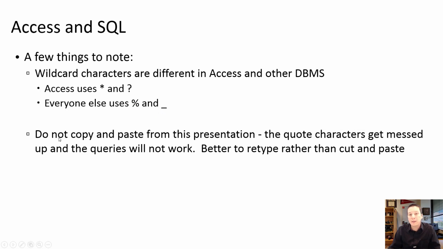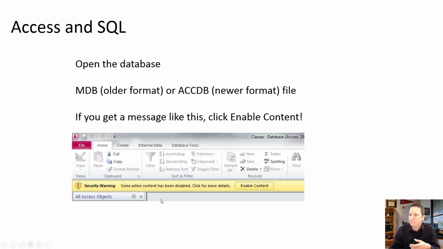Also, don't copy and paste any queries from this presentation, and I'm going to show you why that's going to be problematic, and also why I suggest you do the SQL project using either Notepad or TextEdit as opposed to using something like Word, because all of the Microsoft Office suite changes your quotation marks to the prettier smart quotes, the curly quotes, instead of just the regular straight quotes, and I'll show you why that doesn't work.